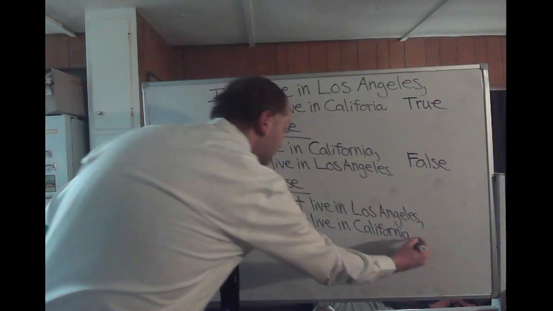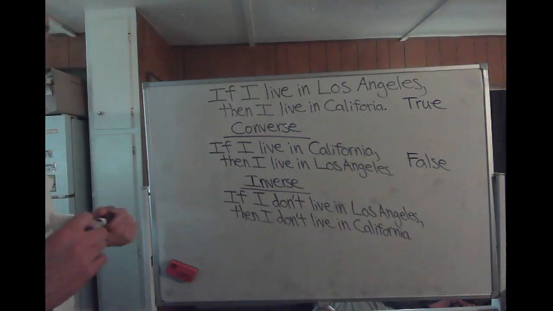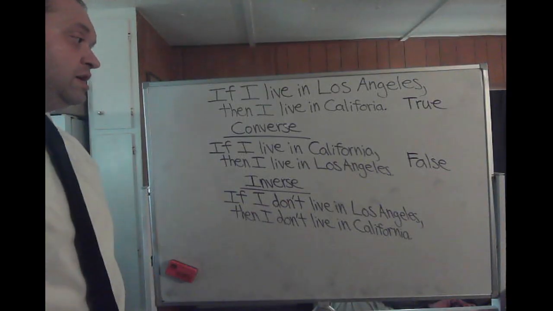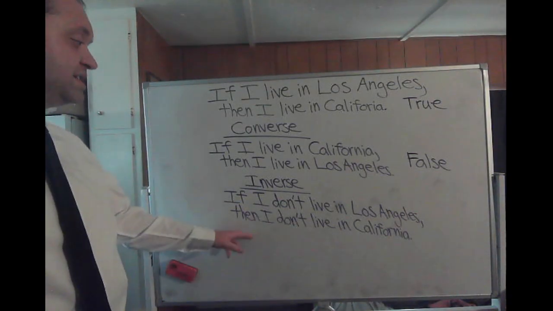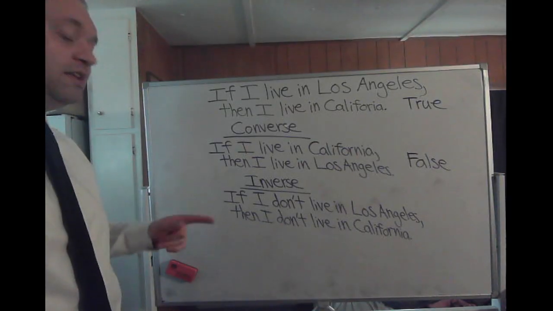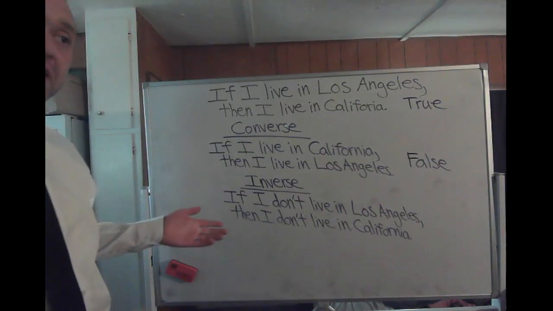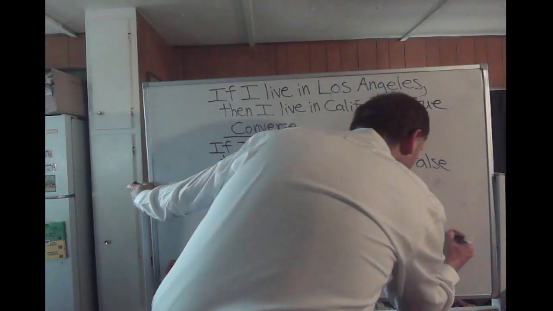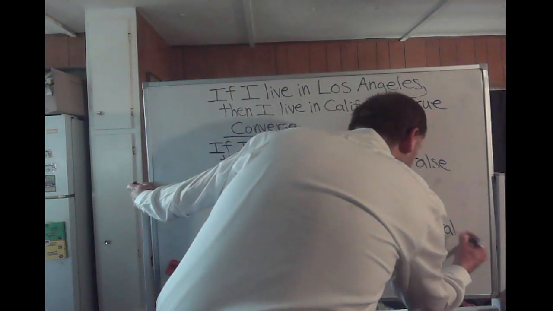So the inverse would read, if I don't live in Los Angeles, then I don't live in California. Well, it's kind of the same reasoning as the converse. I may not live in Los Angeles, but I could live in any other California city, right? So the inverse is false. Okay?